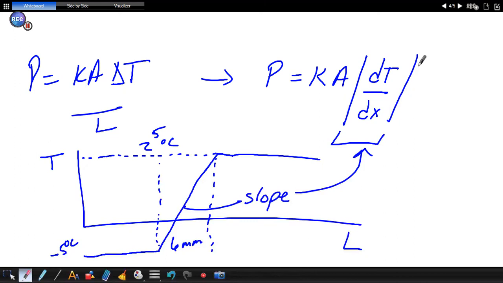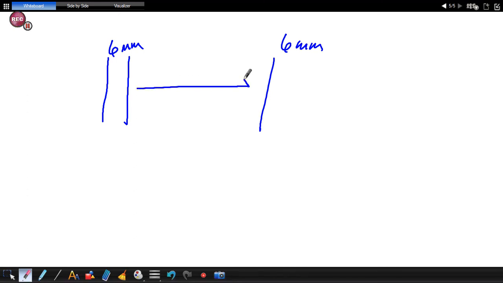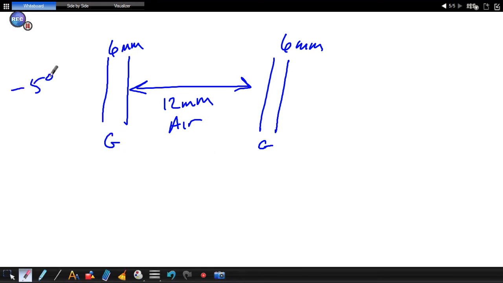And I do want to talk about the double paned windows a bit, what happens if you do have that. Say this is 6 millimeter, and then this is 6 millimeter, and in this area in here is 12 millimeter of air. And then it's minus 5 and 25.